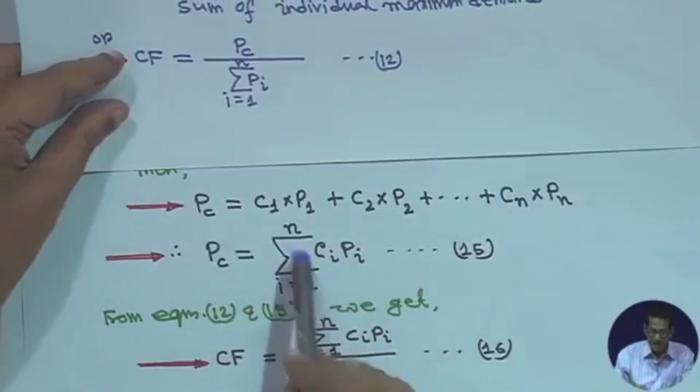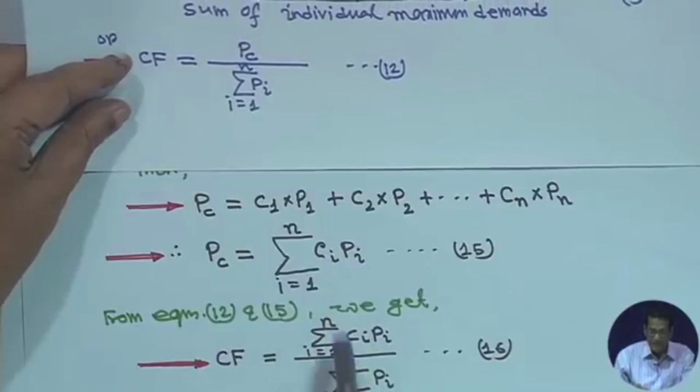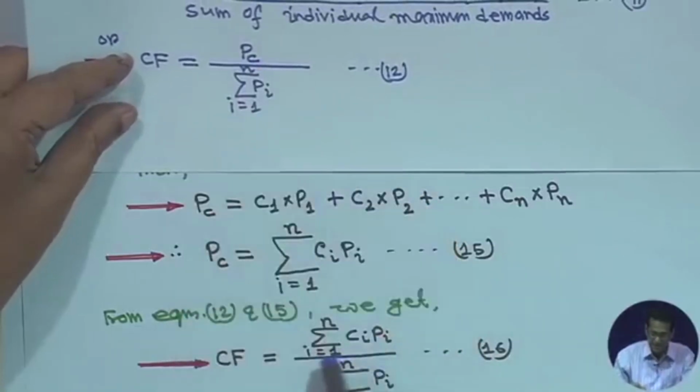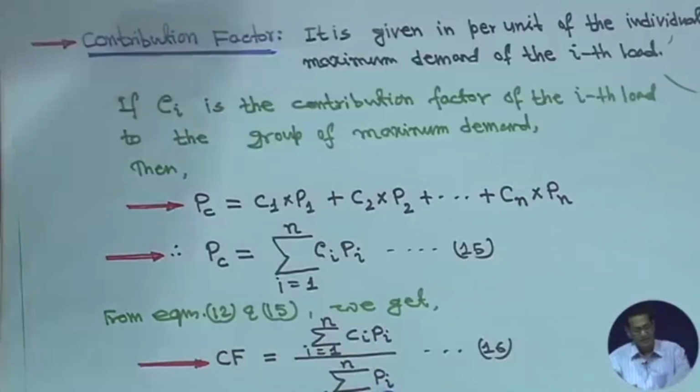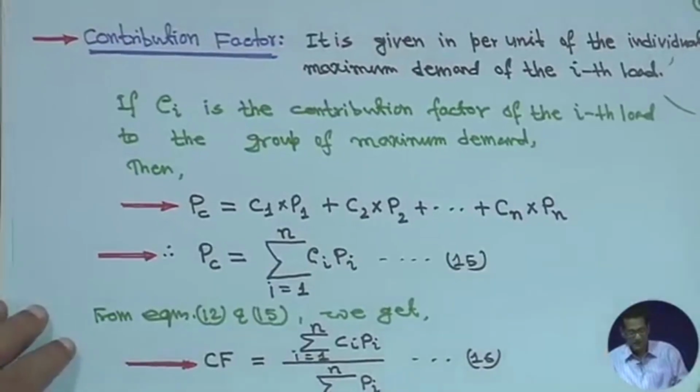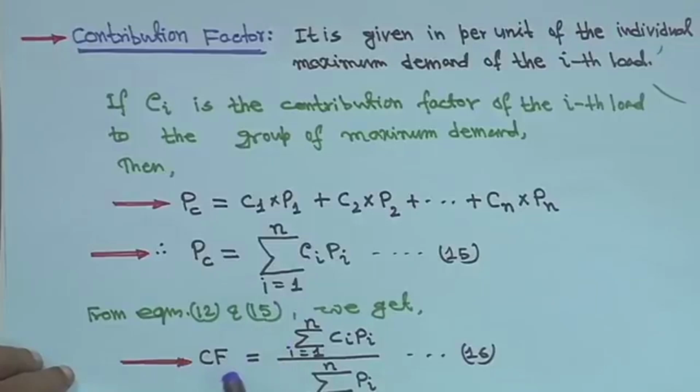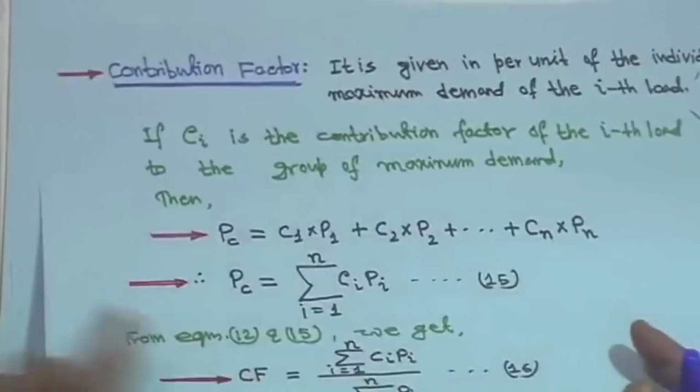Here Pc is sigma Ci Pi, so substituting Pc from equation 15, Cf is equal to sigma i equals 1 to n Ci Pi divided by sigma i equals 1 to n Pi. This is equation 16.